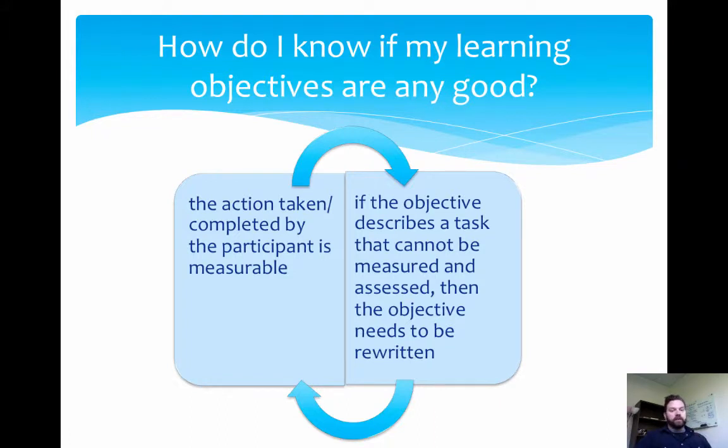Saying that you know and students understand is fine, but in an online environment, there's not always the space to continually ask students questions to draw them out and find out if they truly understand. So the objectives need to be measurable so as to align with the assessment. If the objective describes a task that cannot be measured and assessed, then the objective needs to be rewritten.